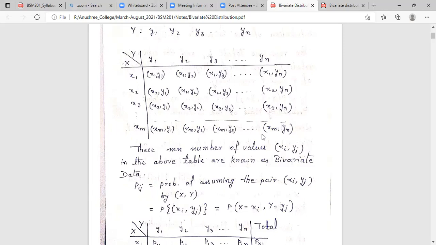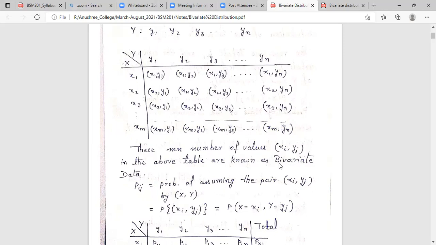So we have got the joint distribution variates. These entries of the table are m into n in number, as two sets of random variables are there, containing m and n values respectively. These entries consist of the values in the form of xi, yj, and this table, which contains the entries of the two sets of random variables, is known as bivariate data.